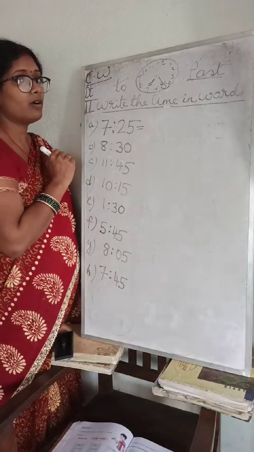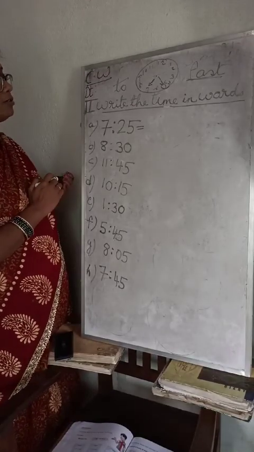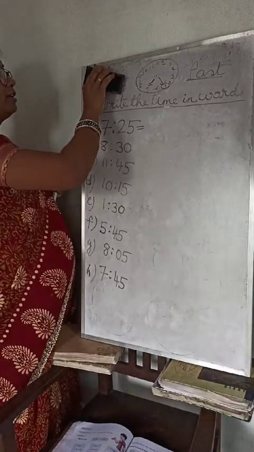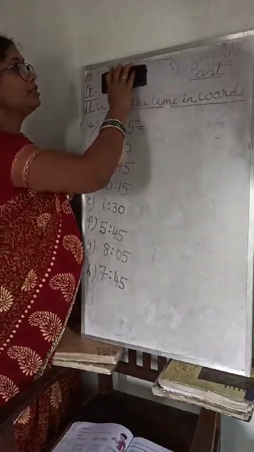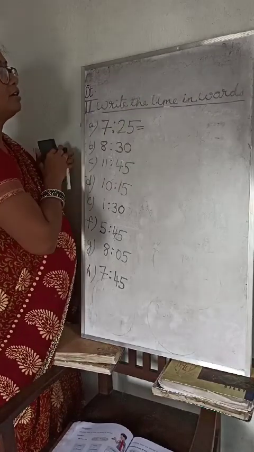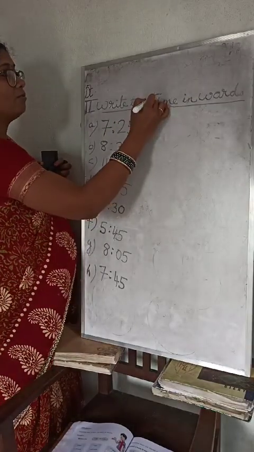Okay? Now all of you will do this work, and this is your homework. So be very clear about it. I am not giving you any other work. I have given you only these 8 sums as your homework.